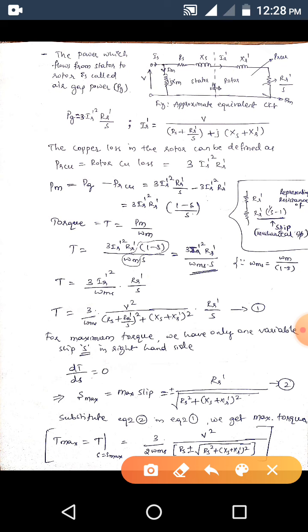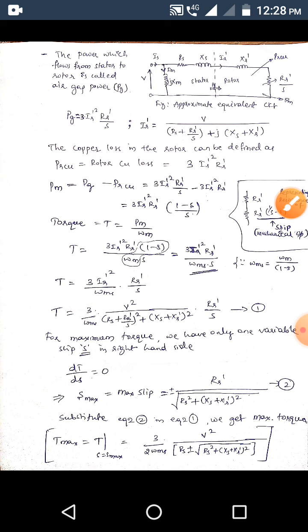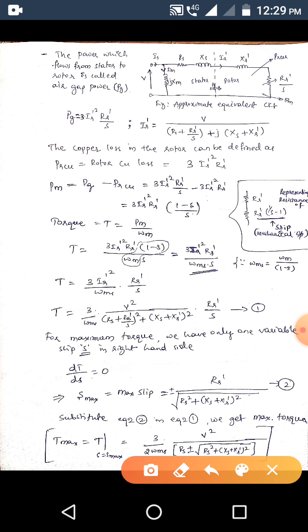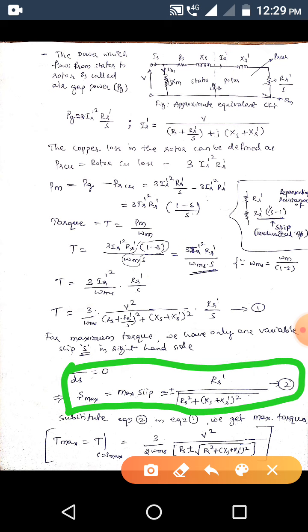So then at this rotor winding, if you differentiate the torque with respect to slip and equate it to 0, then we will get the maximum slip as the formula S max is equal to plus or minus R dash divided by the square root of (Rs square plus the reactance of the stator and the reactance of the rotor here whole square).